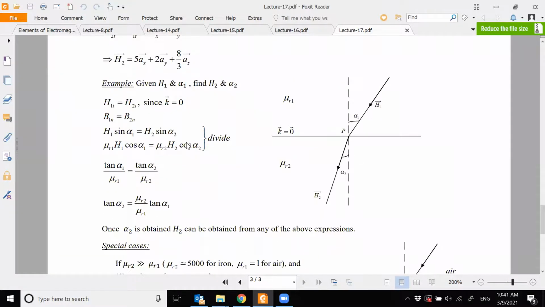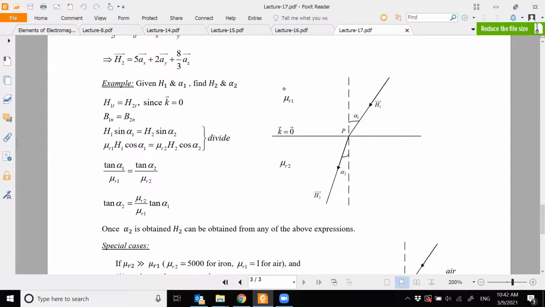So this is an example. Now, again, as we did for the electrostatics case, here also we are doing the same thing. Suppose instead of vectors, we know the magnitude and the angle of the magnetic field in one region. How can I find it in the second region? It's very similar to the electrostatic case. Here is an example where we are considering a current-free boundary.